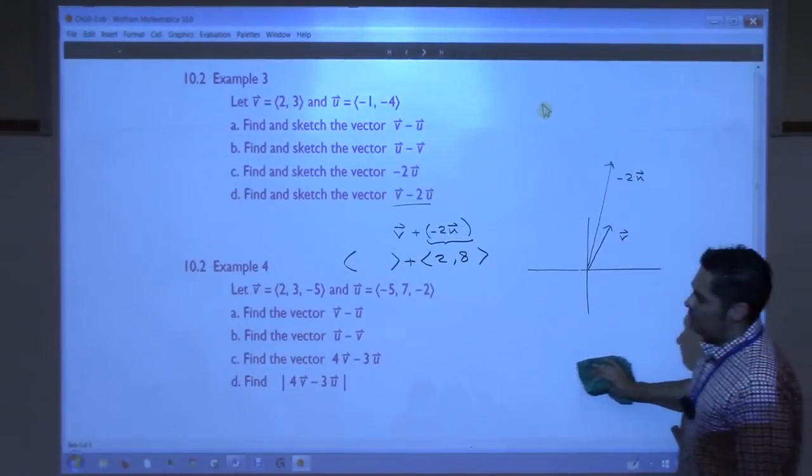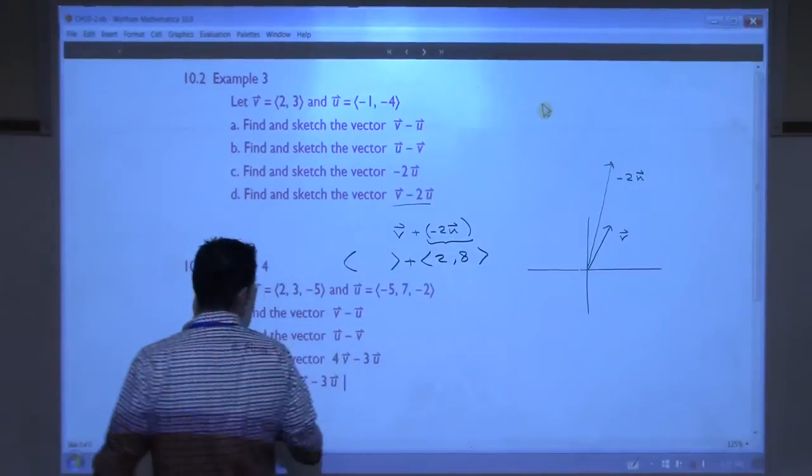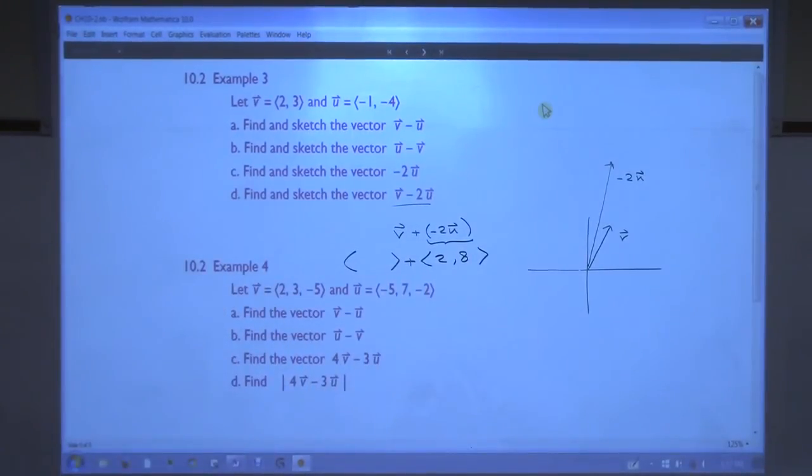All right, so what's the difference between that and example 4? Now we're in R3, and notice I don't ask you to sketch it. It's because it'll be difficult to sketch. But all of these can be done mechanically. So let's do C and D on example 4.